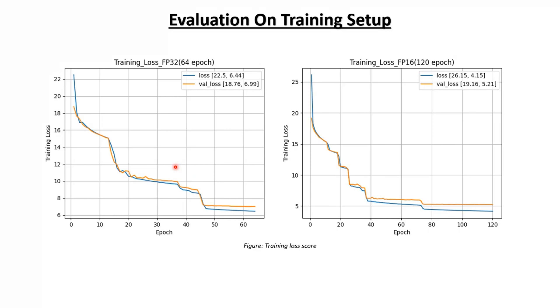So this is the training result. I monitored the training, and as you can see, this is the graph that is outputted. Initially, for the 32-bit model, the training loss starts from 22.5 and ends up at 6.44, and the validation loss starts at 18.76 and ends up at 6.9.